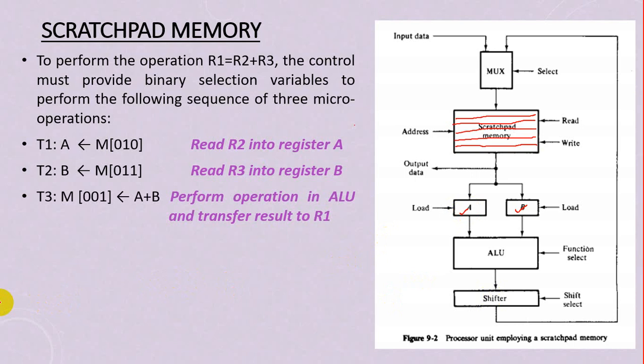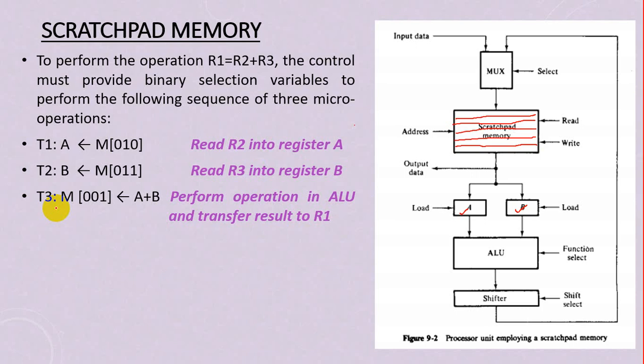And after the operation, the result will get stored through this multiplexer to the location R1. So look at R1. What we see is that 3 clock cycles are required to perform this addition operation, instead of 1 clock cycle that is required in the bus organization.